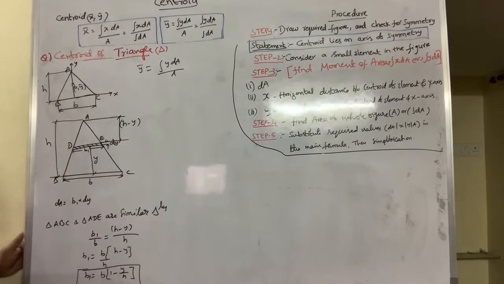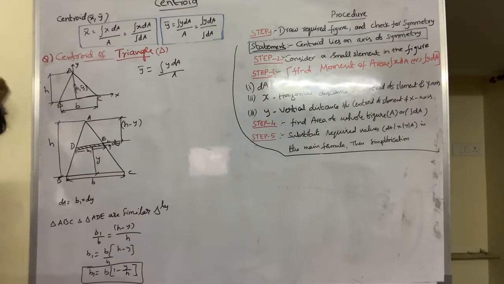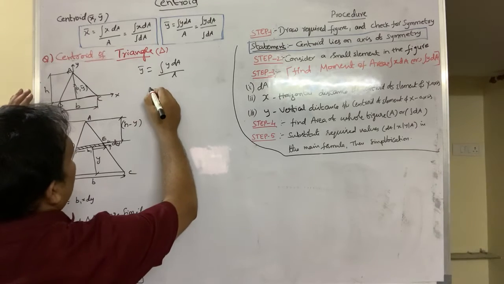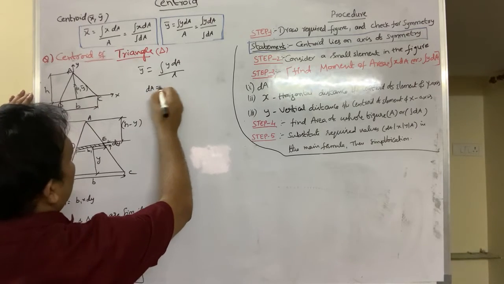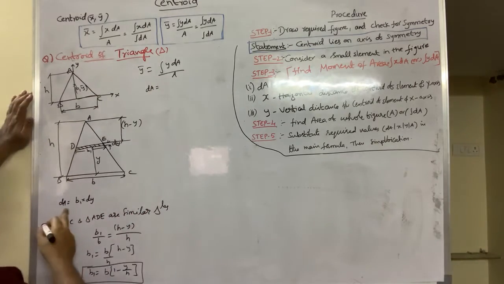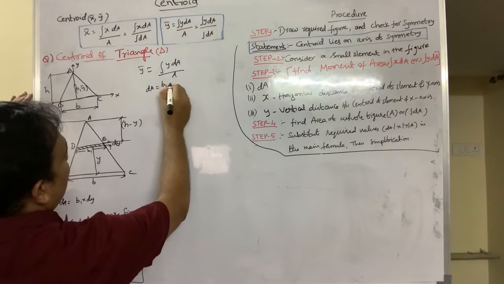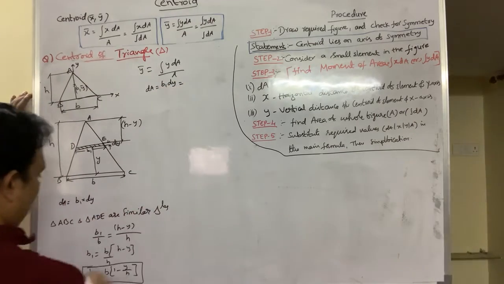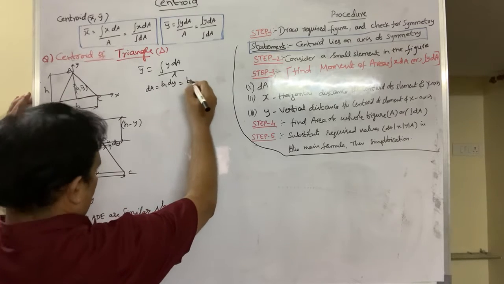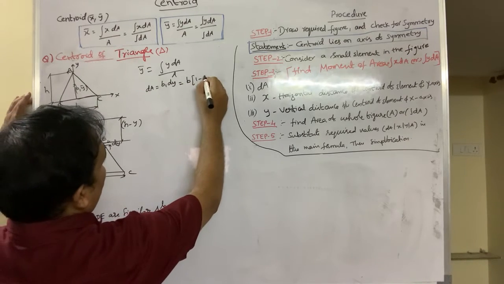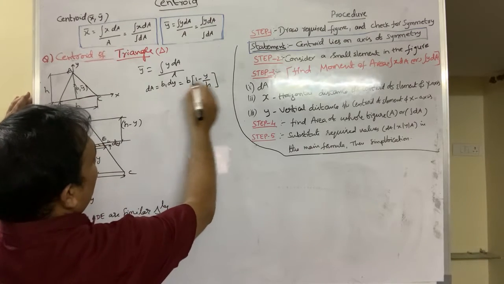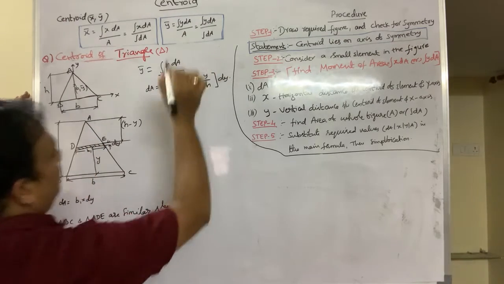So this is B1. Now the dA value is B1 into dy, where B1 means B into (1 minus y by H), into dy.